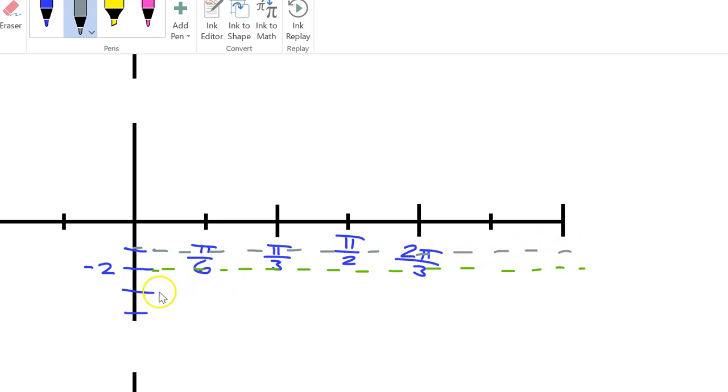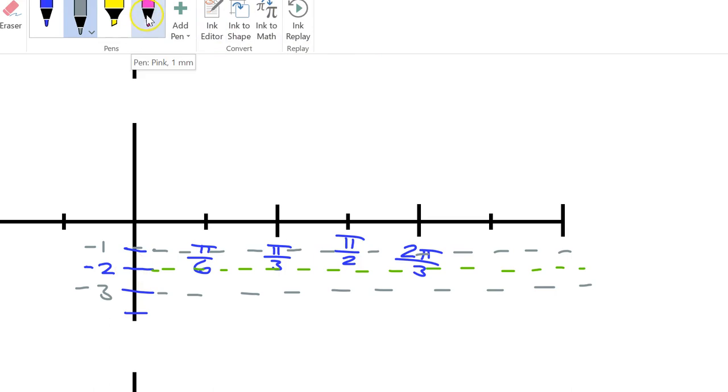And if I go down 1, that would be right here. Now these numbers need to be labeled. Very important. So this is -1 and this is -3. Your highest point and your lowest point must always be labeled.